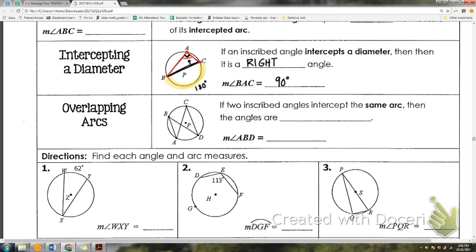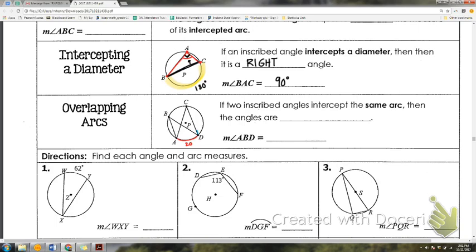Then we have some overlapping arcs here. It says if two inscribed angles intercept the same arc, the angles are what? Well, let's look at this. Let's say that arc AD is 20.